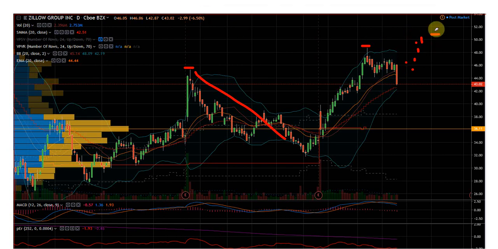So again, to recap, I can use options to bet directionally by buying a call to be bullish or buying a put to be bearish, or I can sell a call to be bearish and sell a put to be bullish. I've covered selling puts many a time. I'll do it with some other stock. This is not a stock I sell puts on. So I don't typically like to sell naked calls.